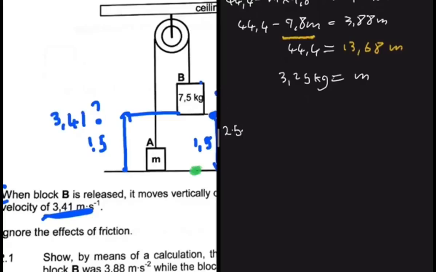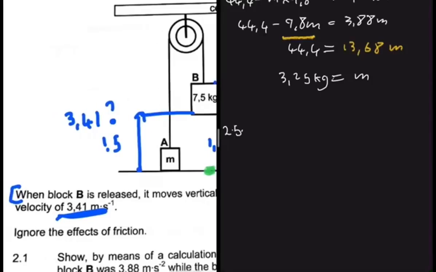I was not so sure about the velocity of A at that point. I actually calculated it, and then I realized that, okay, fine, the velocity at which ball B strikes the ground with is the velocity of ball A at that height, because the acceleration is the same, and VF is not dependent on the mass, when we're using VF squared is equal to VI squared plus 2A delta Y. So we have the velocity at that point.